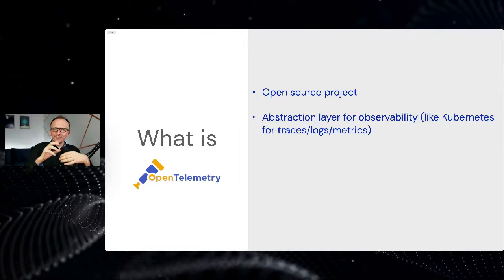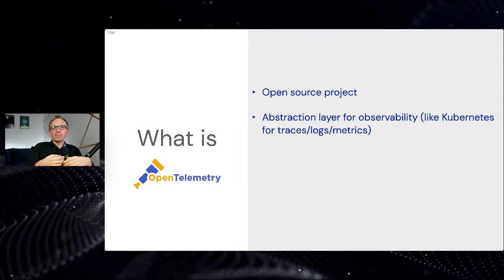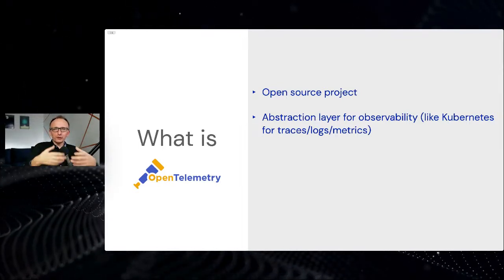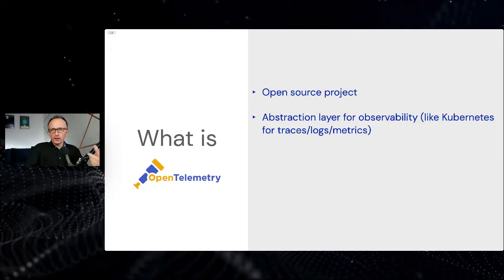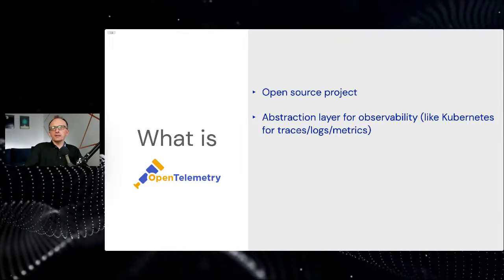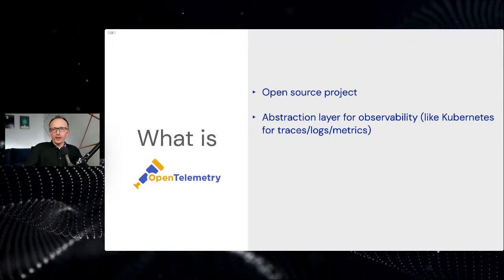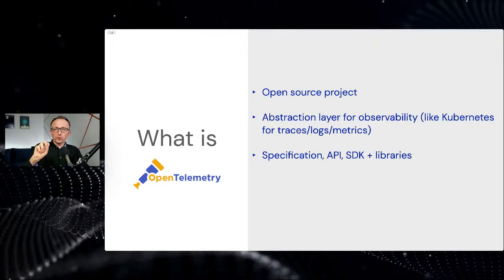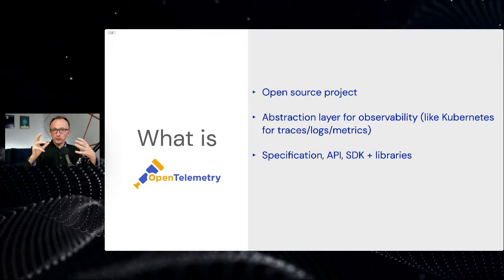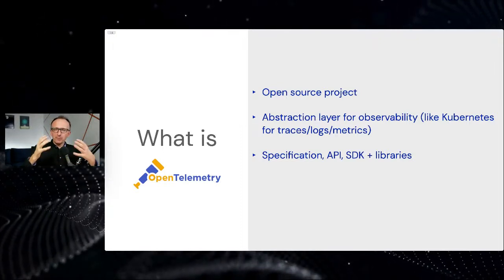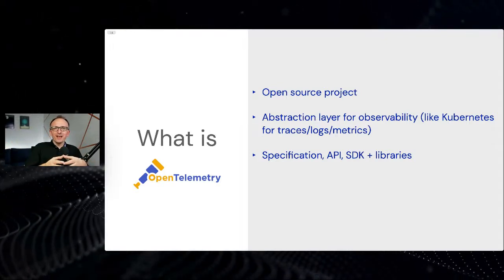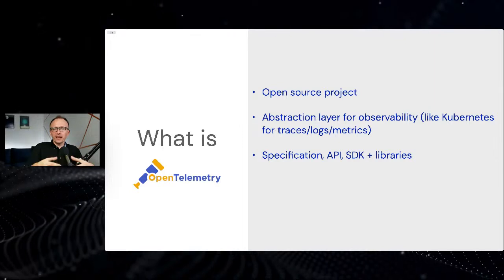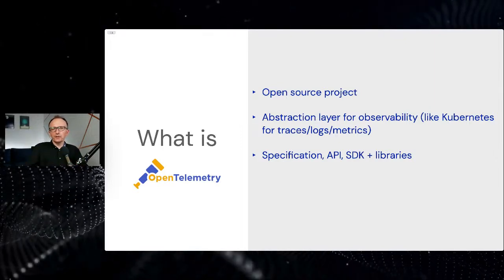It tells you what kind of signals you can fetch, you can receive, and how to handle them. So it's also a specification. It's a versioned API, just like the Kubernetes API, and a set of SDKs or libraries for specific languages.